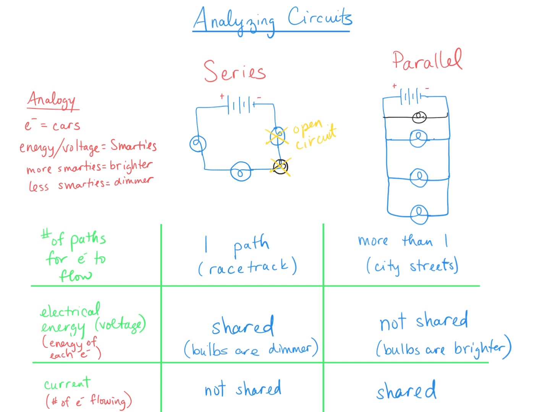If this bulb stops working, if you remove a load and the circuit is open, then the current can't flow and all the bulbs will go out. If we remove the bulbs and then close that circuit, then the remaining loads here, in a closed circuit, we just have 2 loads now, so they'll be brighter than they were before because the cars coming around only have to dump their Smarties at 2 places.